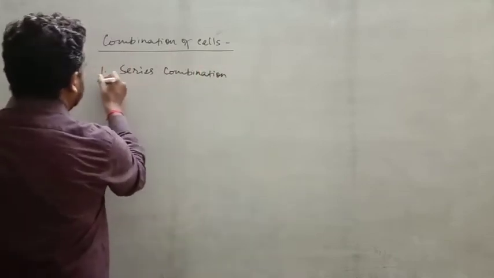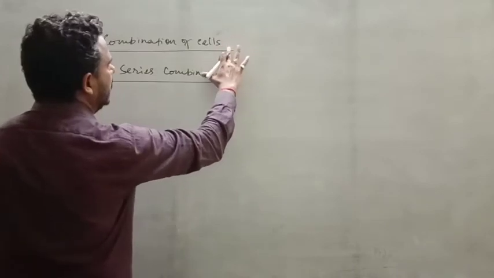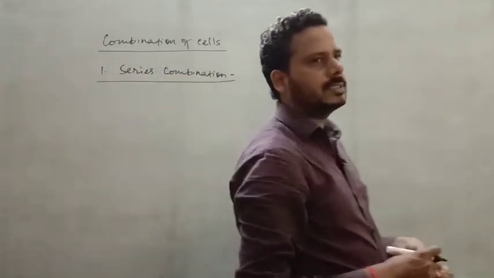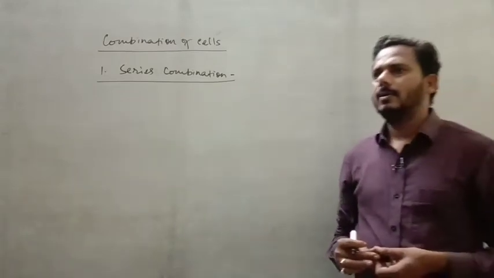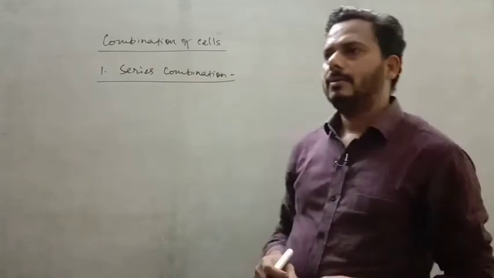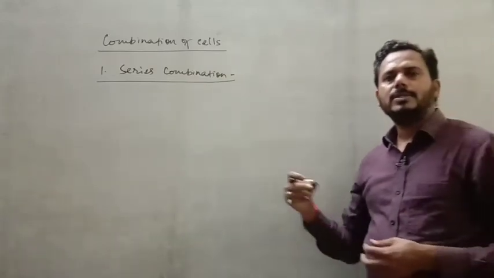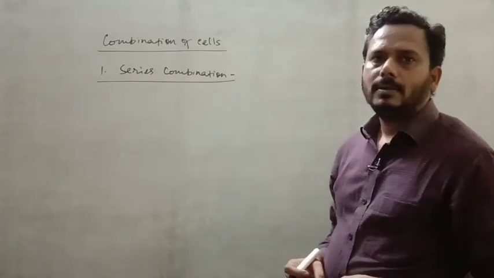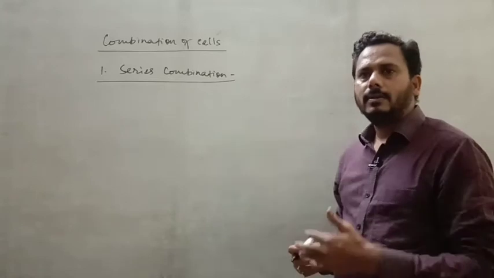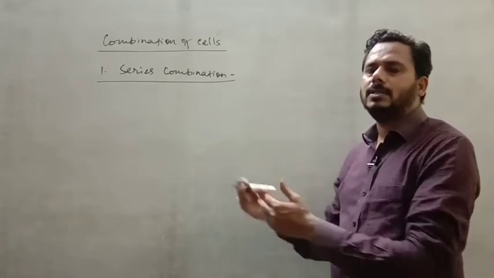Now you can see, you know very well about its combination, how in series it is combined. It is very simple: one terminal of one cell is connected to the second terminal, again the first one is connected to the second one, and this continues.